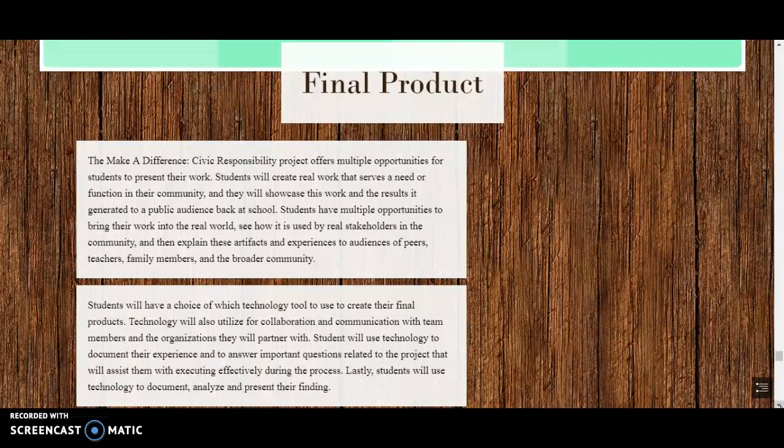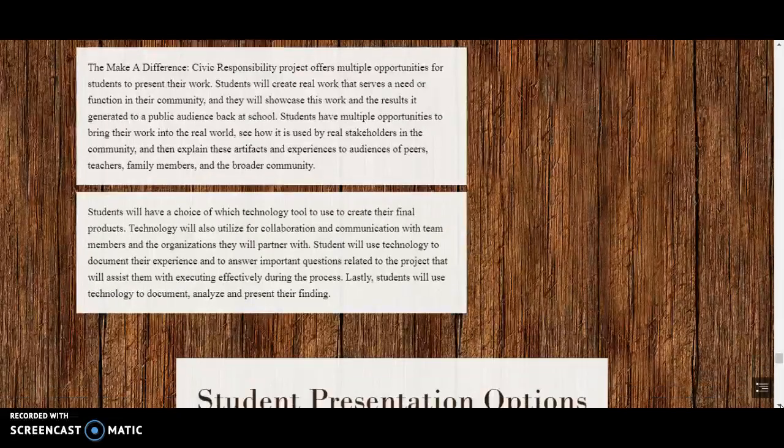Students have multiple opportunities to bring their work into the real world, see how it's used by real stakeholders in the community, and then explain these artifacts and experiences to an audience of peers, teachers, family members, and board and community members.